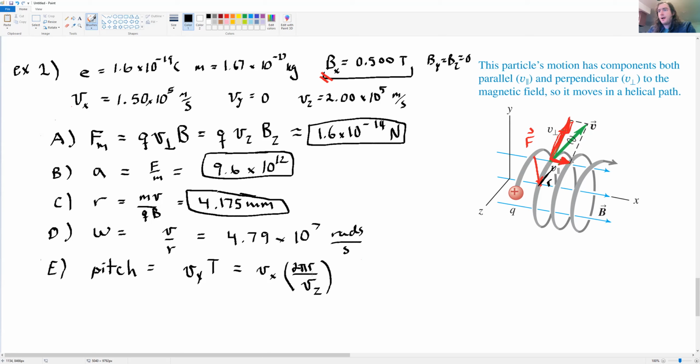So 2 pi r divided by that 2 times 10 to the 5th velocity. And so we get 1.5 times 10 to the 5th times 2 times pi times the radius of 4.175 times 10 to the negative 3, divided by Vz, 2 times 10 to the 5th.